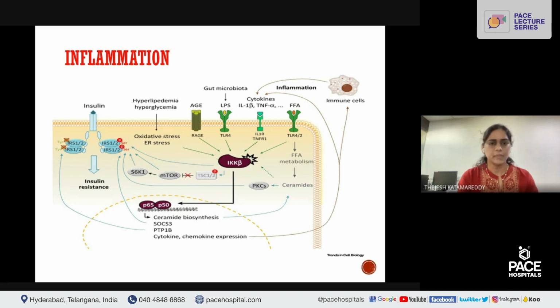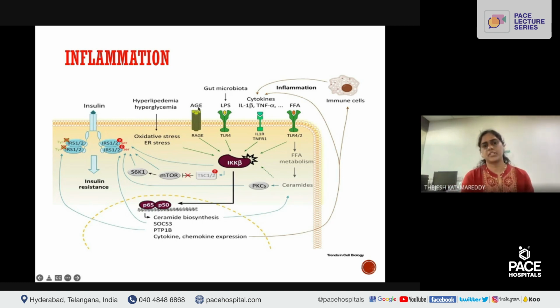Coming to inflammation as such, immune cells release inflammatory mediators. Insulin, which has to act on the glucose transporter, is not acting, leading to insulin resistance. And hyperlipidemia or hypertriglyceridemia and hyperglycemia will all lead to oxidative stress.